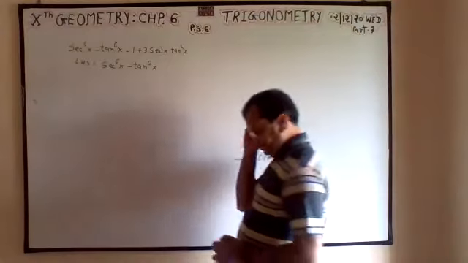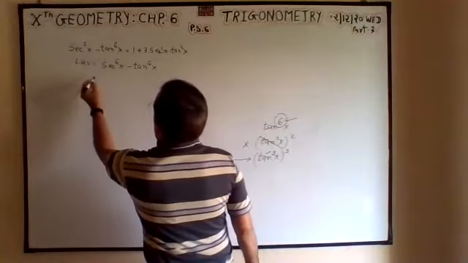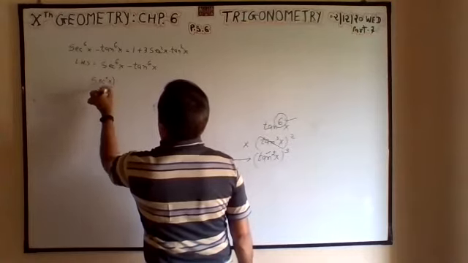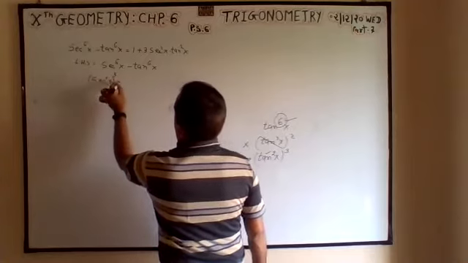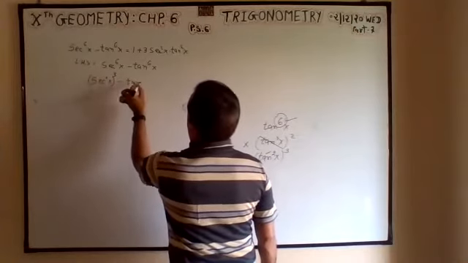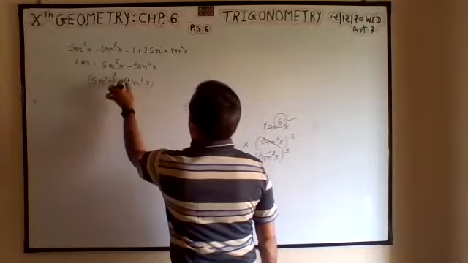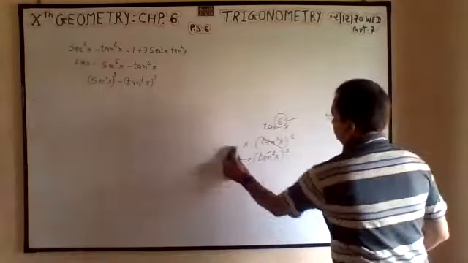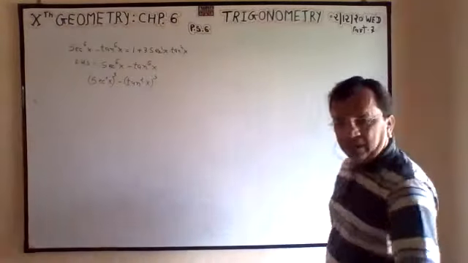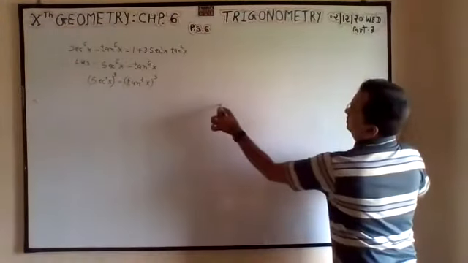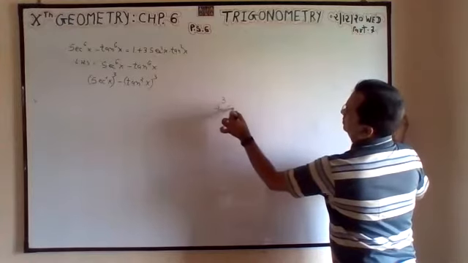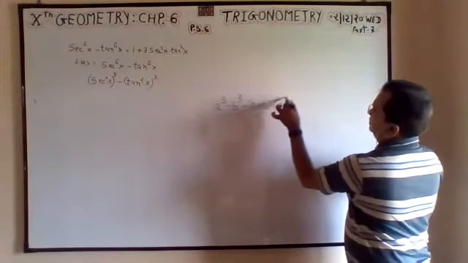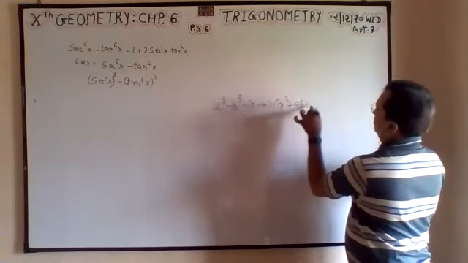Ahead. Yes. So sec square x cubed minus tan square x cubed. Now listen very carefully. a cube minus b cube is equal to a minus b, a square plus ab plus b square.